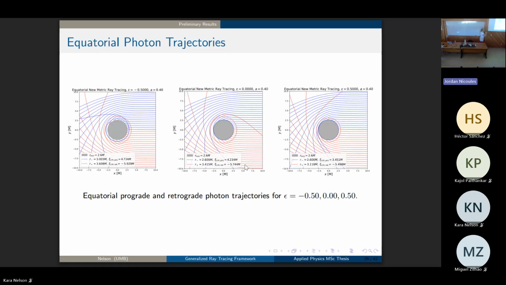So again, this is just a physical intuition of how these photons are working, how they're approaching this weird, or maybe a horizon, area. Again, this is just physical intuition.